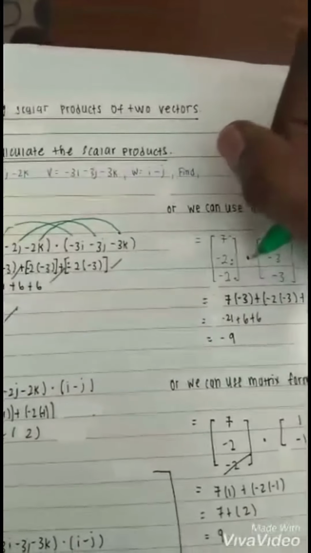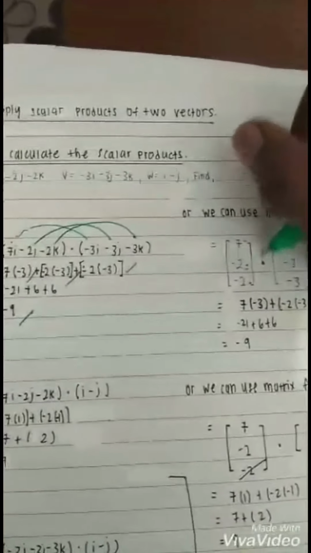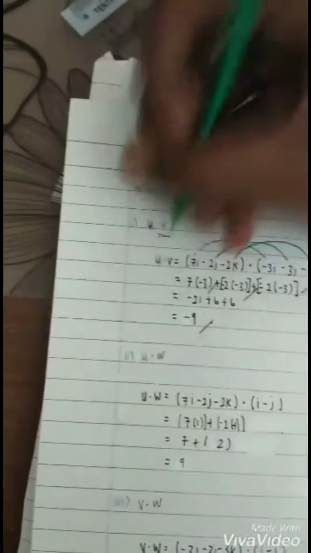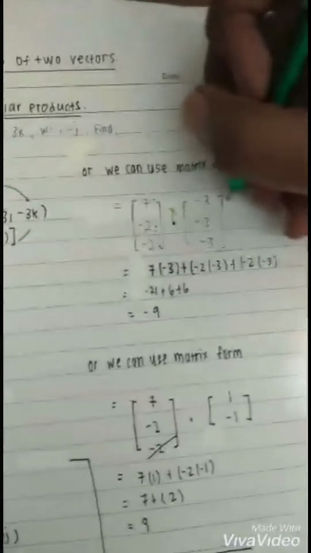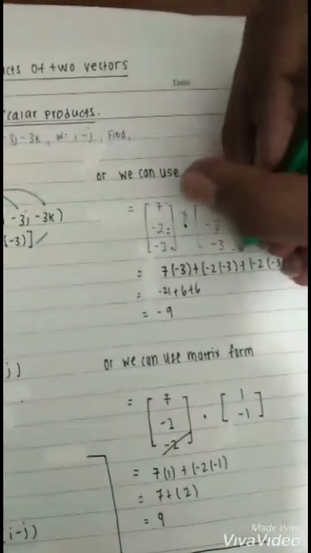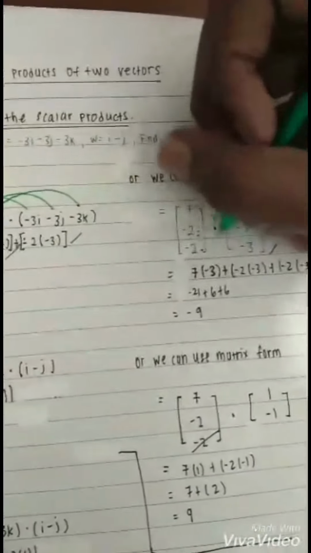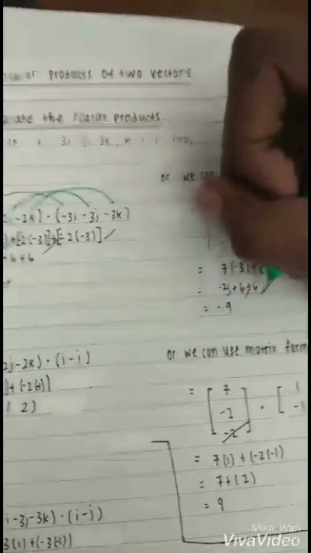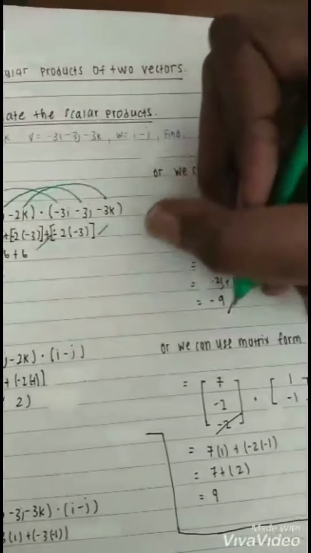We put the dot because it's multiplication, and we write v's numbers, negative 3, negative 3, negative 3. When we multiply, as usual, we get these numbers, and we add them, and we get this answer.